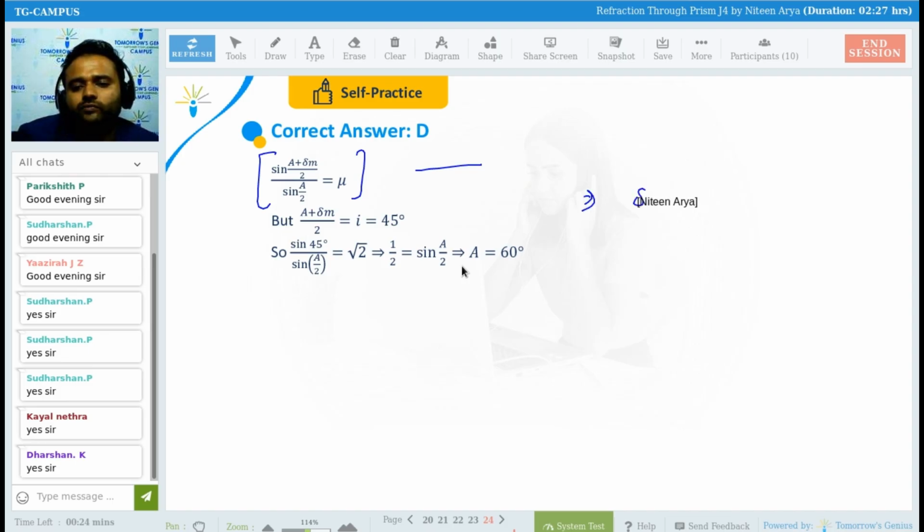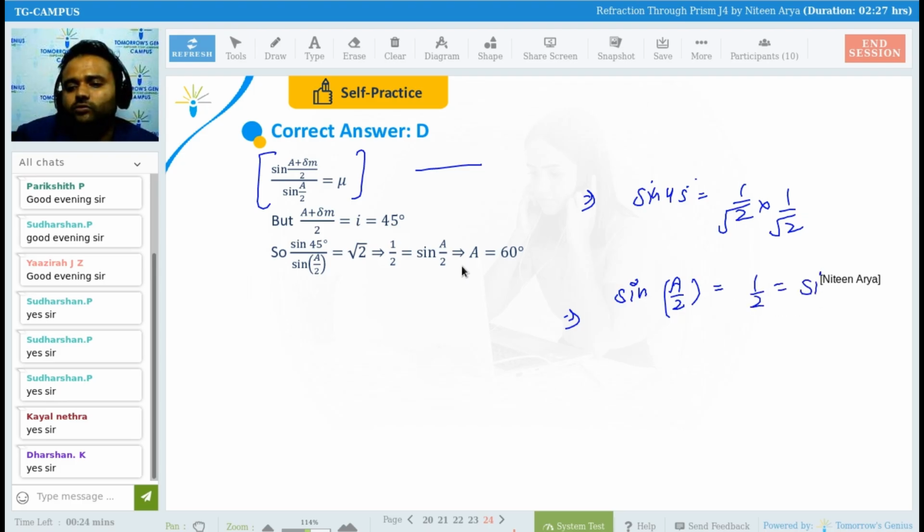Now we know sin 45 degree is 1 by root 2, so root 2 equals 1 by root 2 divided by sin A by 2. So sin A by 2 is half, which equals sin 30 degree. Then A by 2 equals 30 degree, then A equals 60.